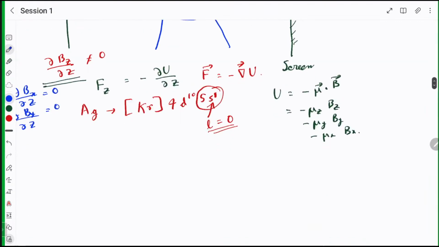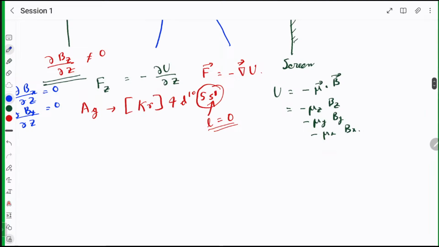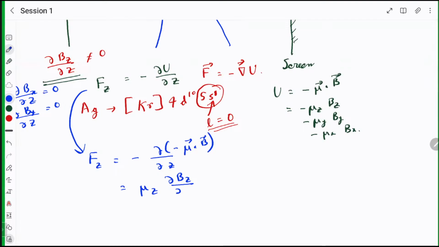So now if we go back to calculating Fz from here, it would be del by del z of minus mu dot B. Of course, del Bx del z and del By del z go to zero, and what we would be left with is mu z del Bz del z.